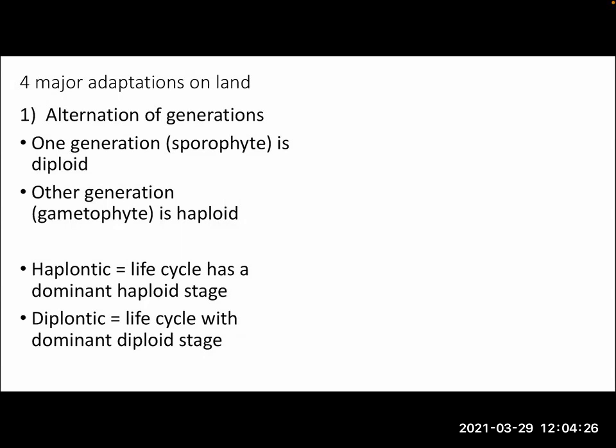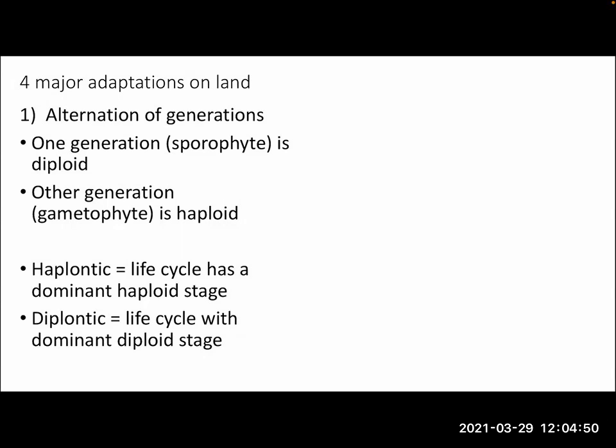And so examples of these, a diplontic life cycle would be a conifer tree or a flower. The individual that you see growing most of the time is diploid. The only portion of a flower that is haploid is the pollen and the egg.